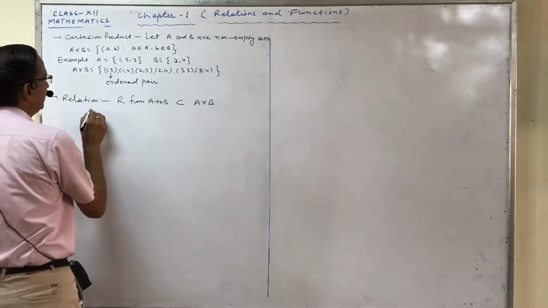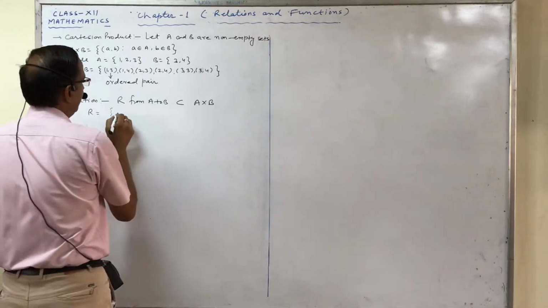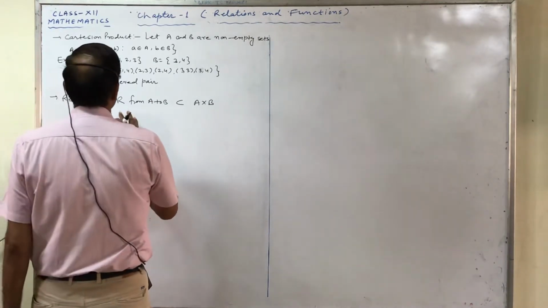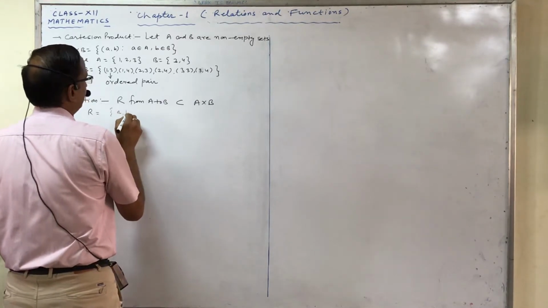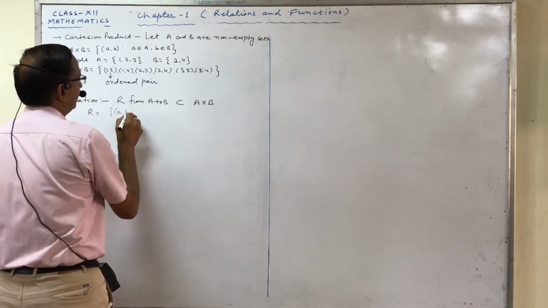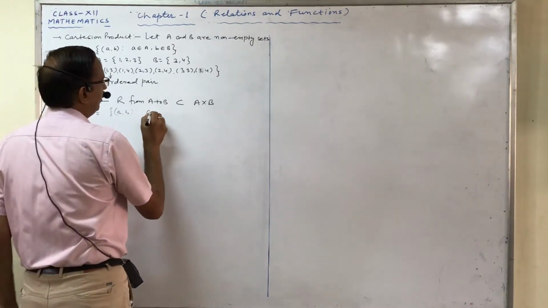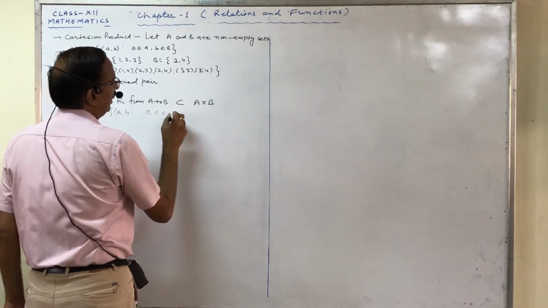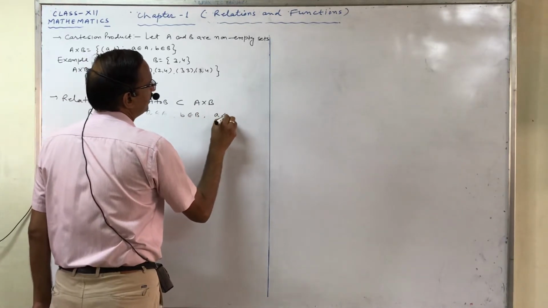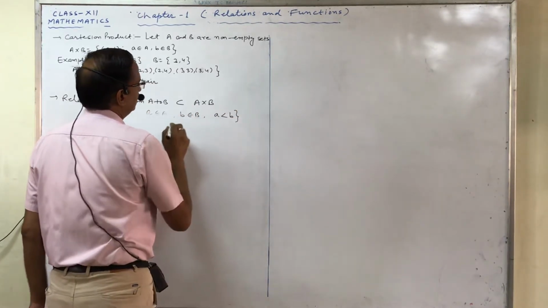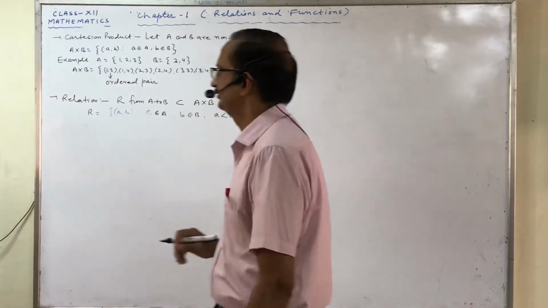So I am writing one relation, that is R. This is defined as {(a, b): a belongs to A and b belongs to B and a is less than b}. a is less than b. Suppose I am taking this particular relation.